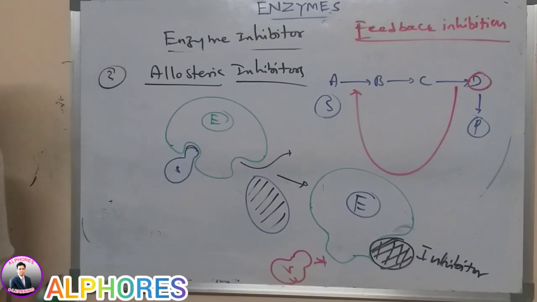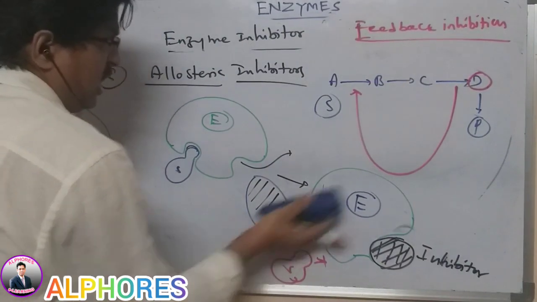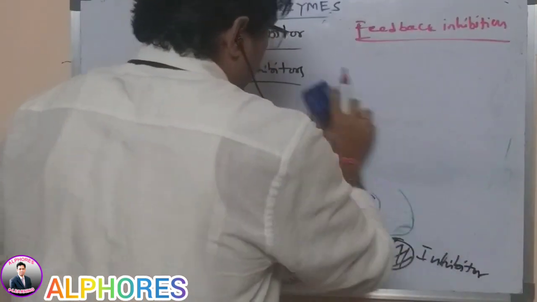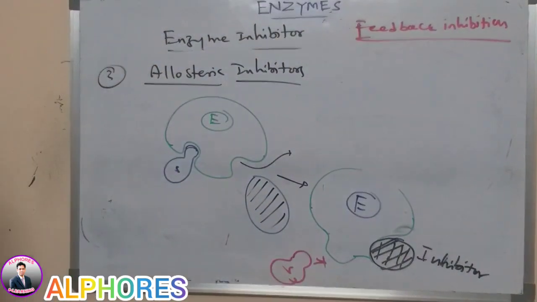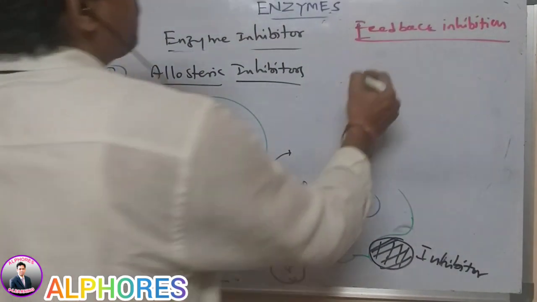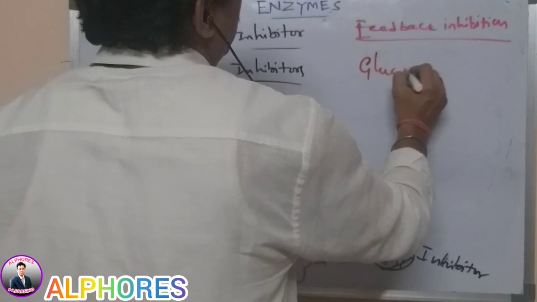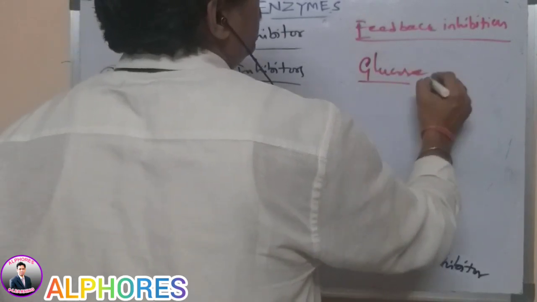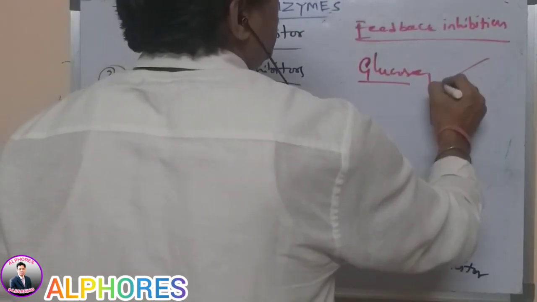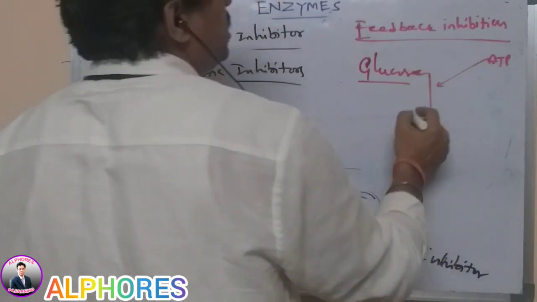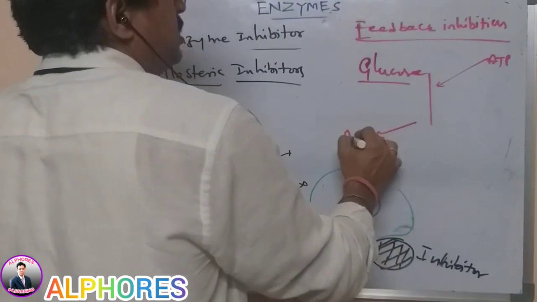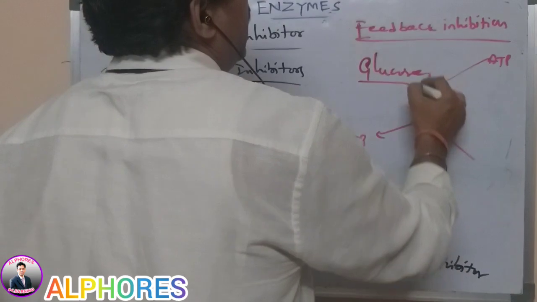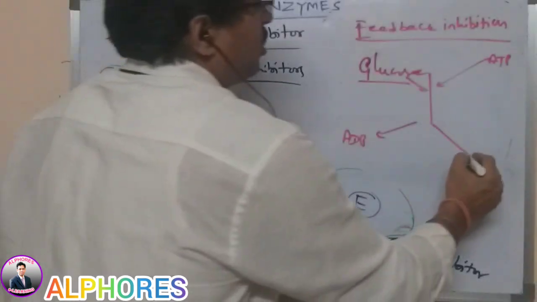For example, we will take the case of the glucose molecule. When glucose is converted in the process of glycolysis, suppose ATP is used here and ADP is formed here.